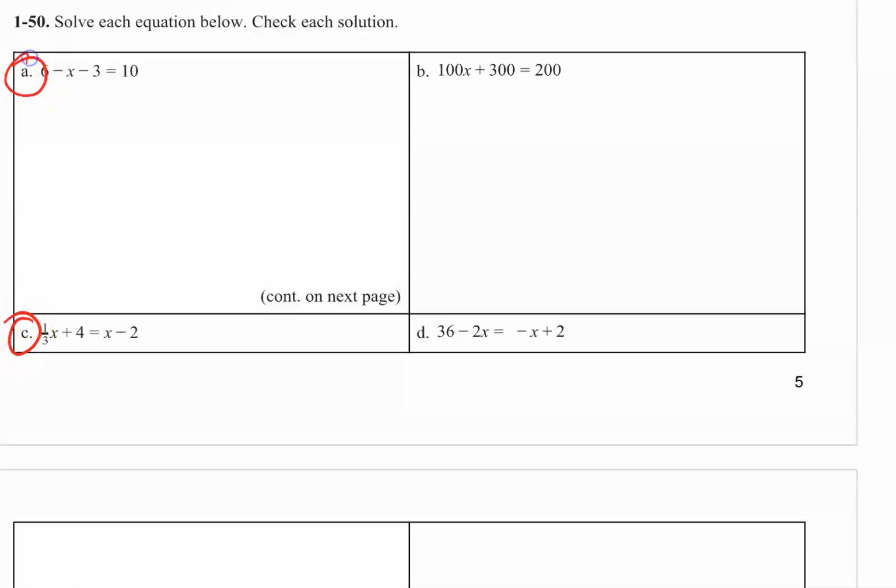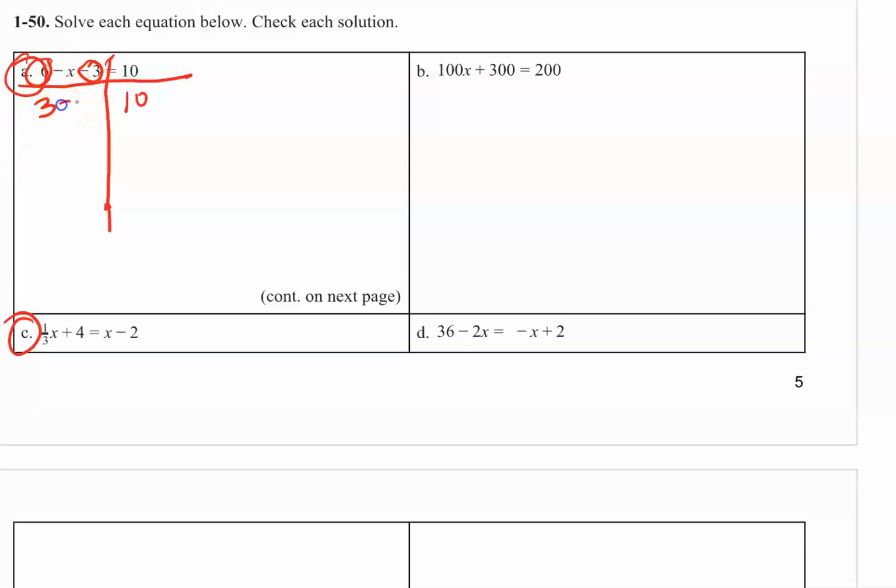I'll do A. Alright, so for part A, we always look to combine like terms first if we can. On the right side, we only have 10. Can't combine like terms. But if you look on the left, there's a 6, there's a -3. And 6 and -3 make a normal 3.